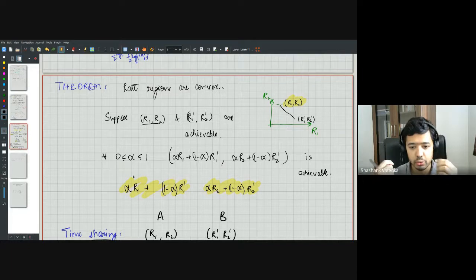Now, there's one thing to keep in mind. It's a minor detail, but suppose you have these two schemes. So this is scheme A and scheme B. All that we've shown is that there is some scheme which achieves a rate point on the line joining the two.